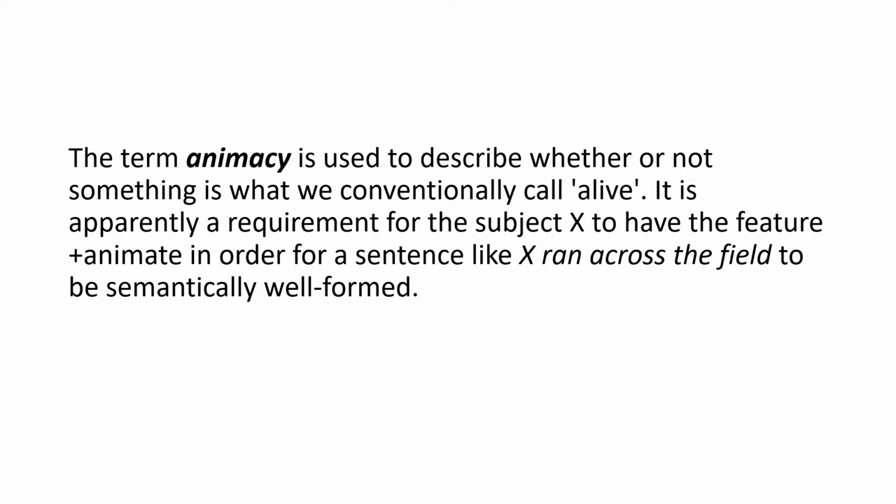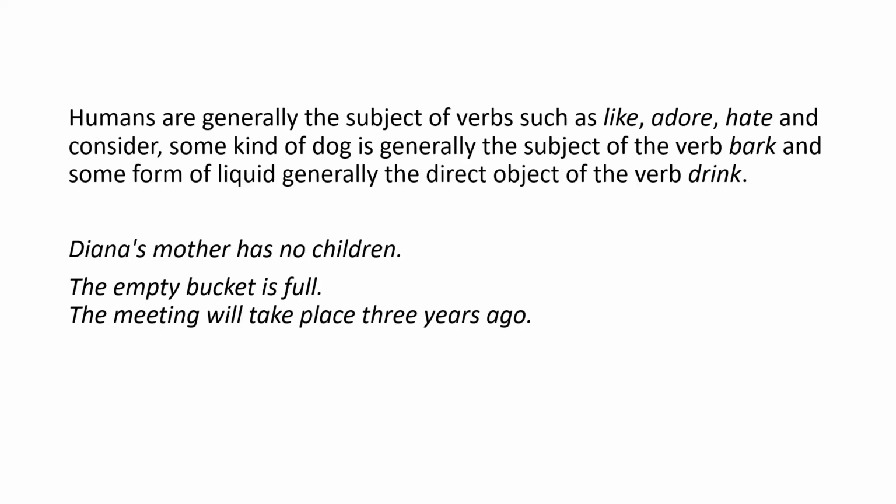That is semantically well formed. But if we use the refrigerator ran across the field, it will be wrong. So animacy tells us what sort of things can be acceptable in the area of semantics.